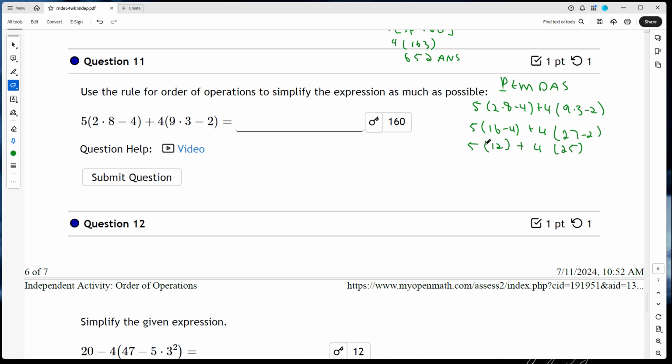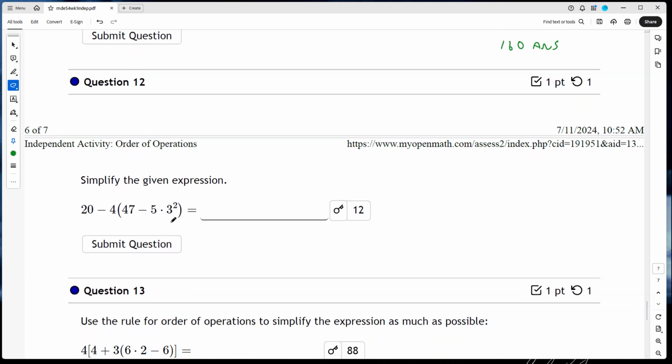So no operations inside of parentheses, so I can work out 5 times 12 is 60, plus 4 times 25, which is 100, which gives me a sum of 160, and that's my answer there. And that was number 11.